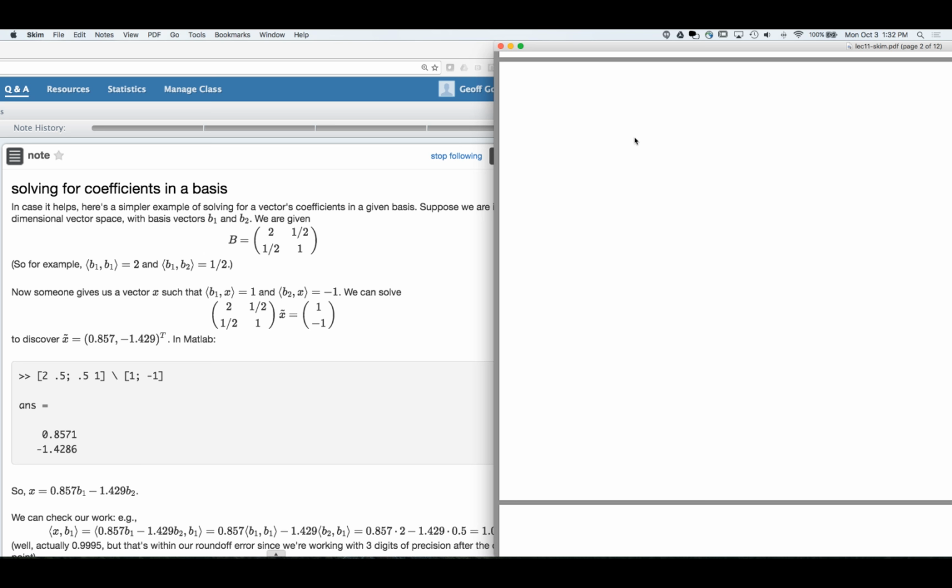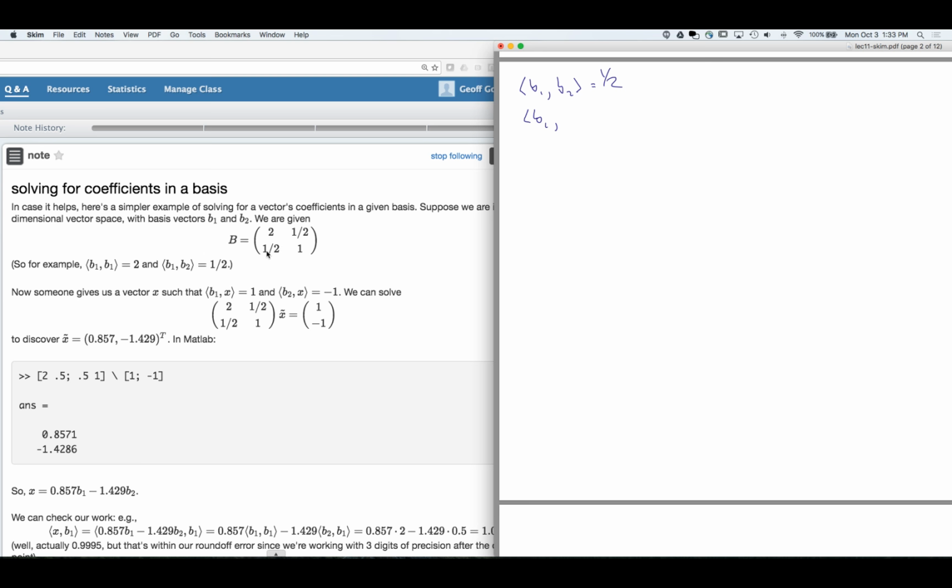We're in just a two-dimensional vector space, and we know that we have basis vectors b1 and b2, right? So what do we need to know about the basis vectors? We need to know their matrix of dot products with each other. So we have, for example, that the inner product of b1 and b2 is a half, right?